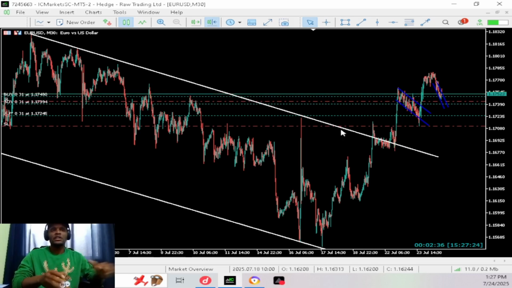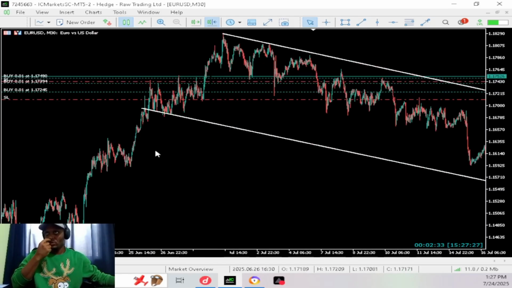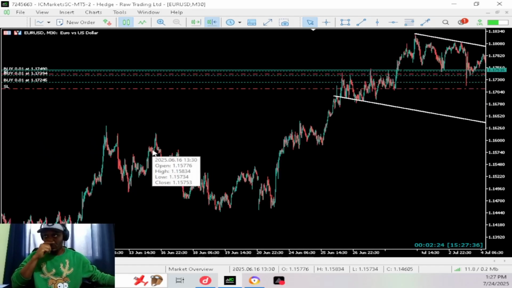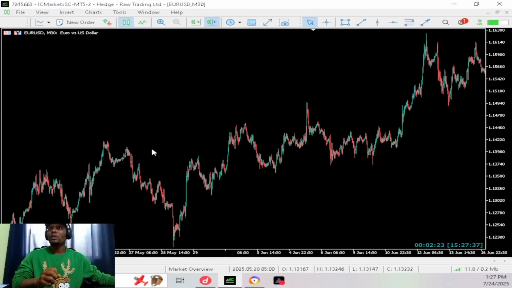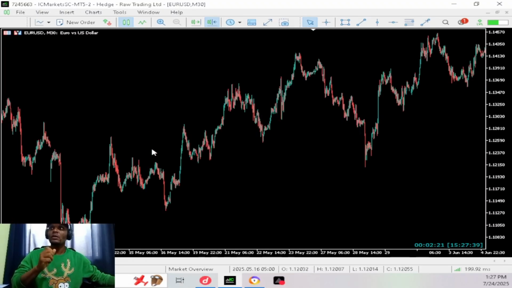So before that, let's break down. Now this is Euro USD, right? Before talking about this, we need to check what happened last month. This is the month of July, so we want to look at what happened in June before this. If we go back through May and June, we realize that Euro USD has been significantly bullish.